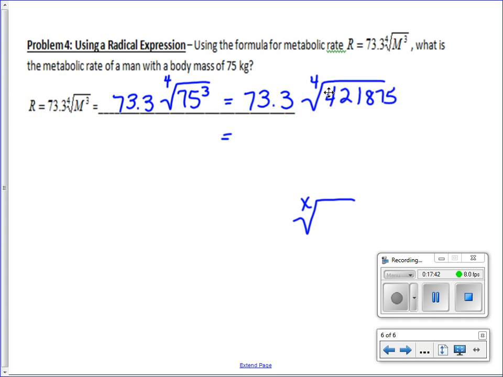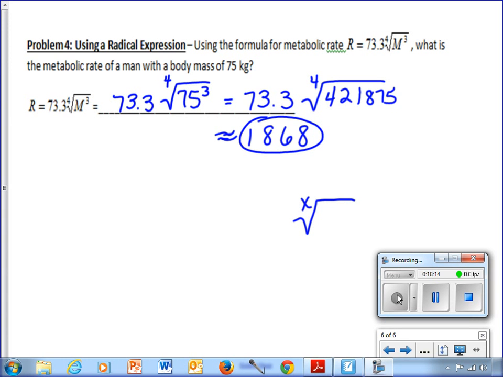And you should get an answer like 1,868. And I'm going to change this to is approximately equal to. There is a decimal that comes after it, but it is a small decimal. So the metabolic rate of a man with a body mass of 75 kilograms would be 1,868.